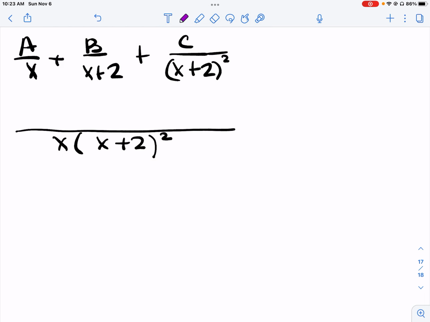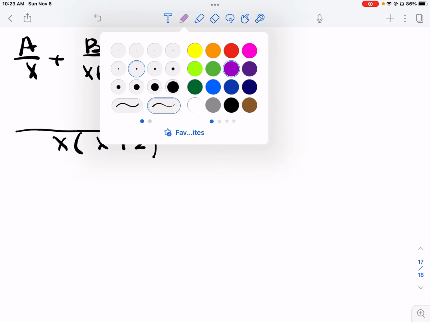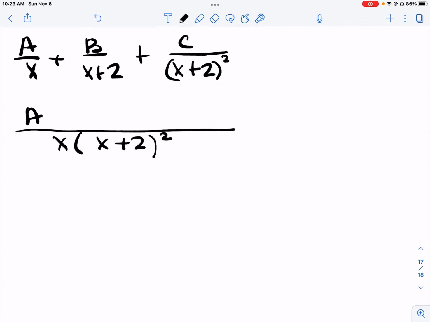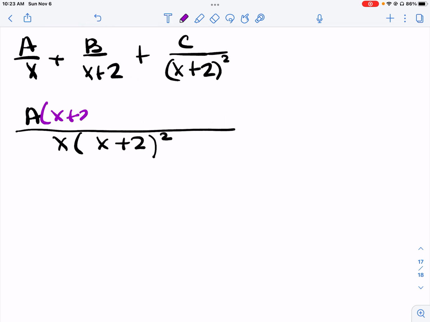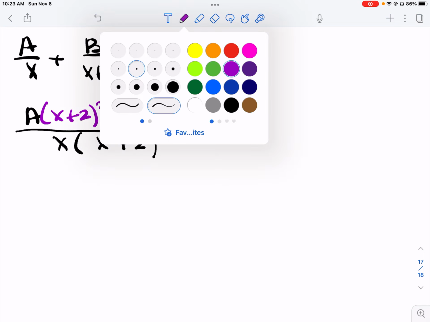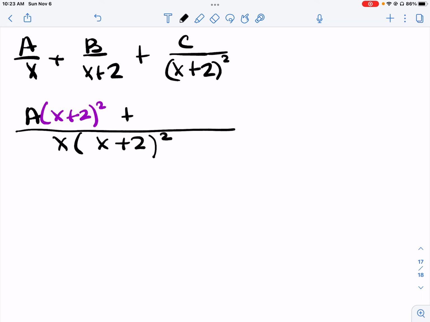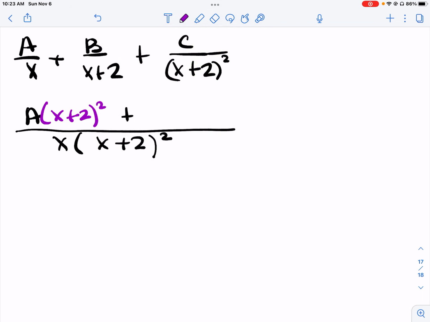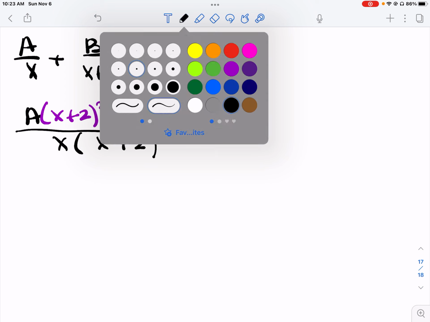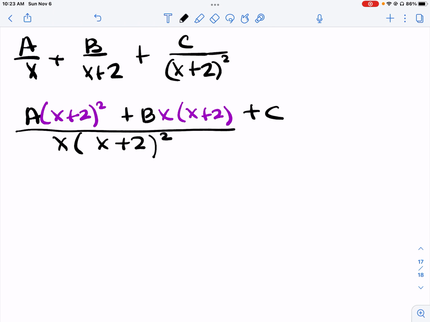So whatever's missing, you have to times in. So that means this needs the a, is missing what? X plus 2 squared. What is b missing? B is missing x times just an x plus 2 because it's already got 1. Okay.